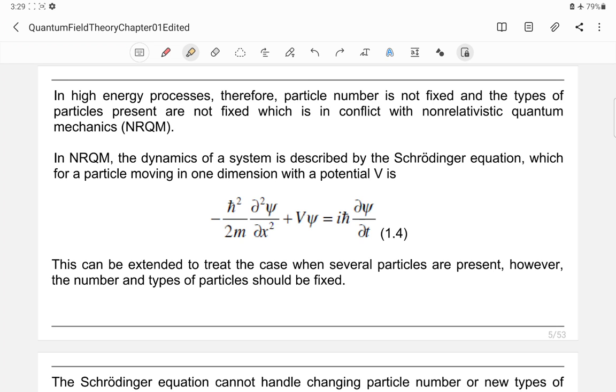And this is in conflict with non-relativistic quantum mechanics, because like in the Schrödinger equation here, this can be extended to treat the case when several particles are present. However, the number and types of particles should be fixed. So we need an extensive theory that deals with particle numbers that are not fixed.